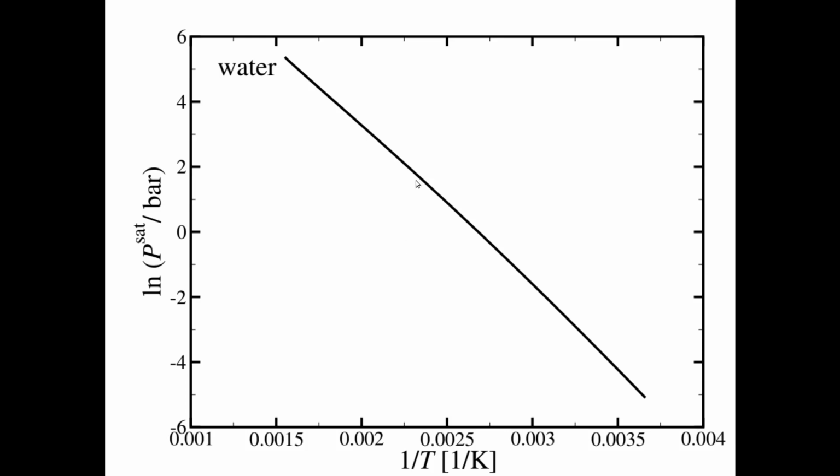This might even suggest that, in the absence of anything else, if I had 2 reference points, I could fit a Clapeyron equation, A minus B over T, which would do a pretty good job of estimating vapor pressure over that entire range.